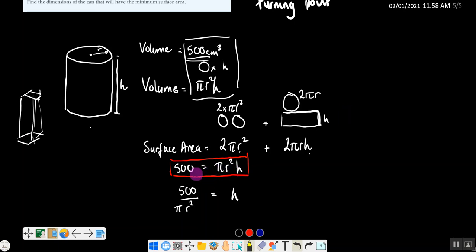Well, I've used this one, so that's out of play now. Now I'm going to focus on this one, and I want to be left with r. I've got an h here. I've got a pi r h in that, and I've got h equals over here.